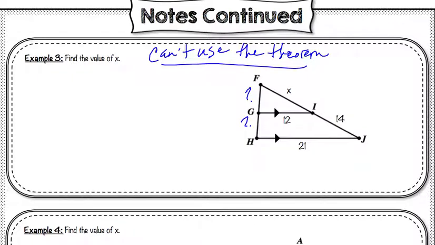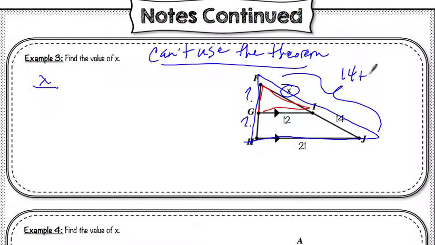So I am going to compare the smaller triangle to the larger one. Okay? So the smaller triangle, this right side is x. On the larger triangle, this right side here is 14 plus x. This whole side is 14 plus x.